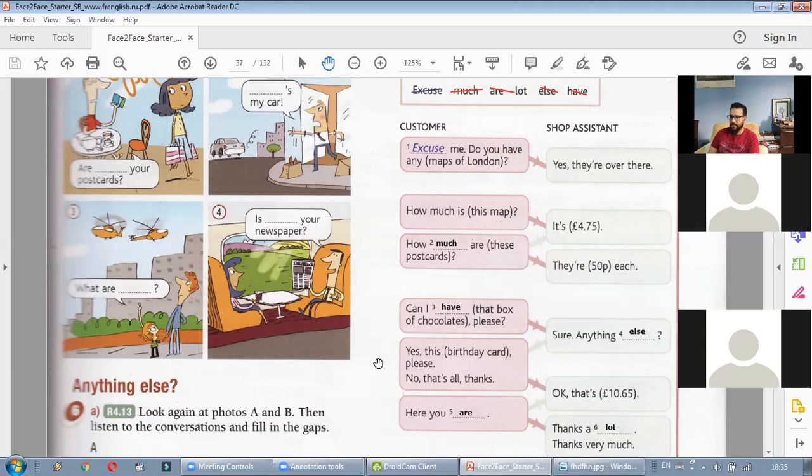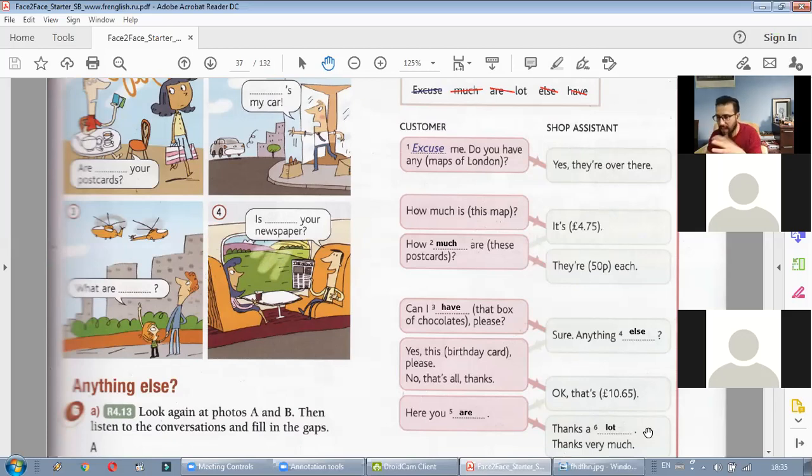This birthday card, please. Okay, that's £10.65. Here you are. Thanks a lot. Thanks very much. Here it's not necessary to say both. The shop assistant usually replies with exactly one of them.